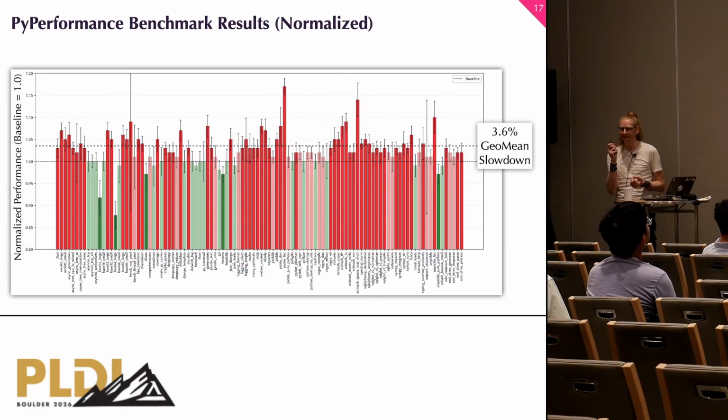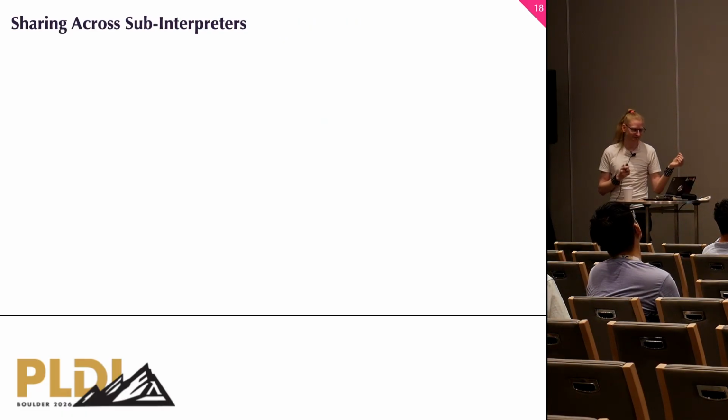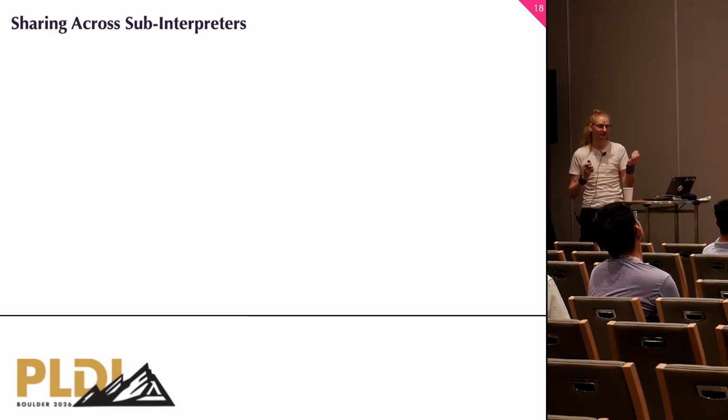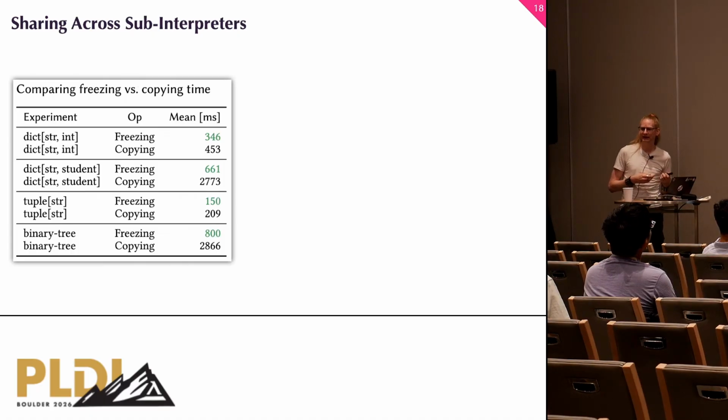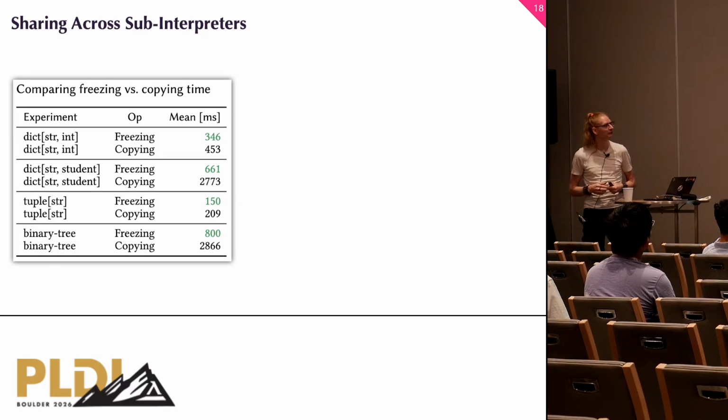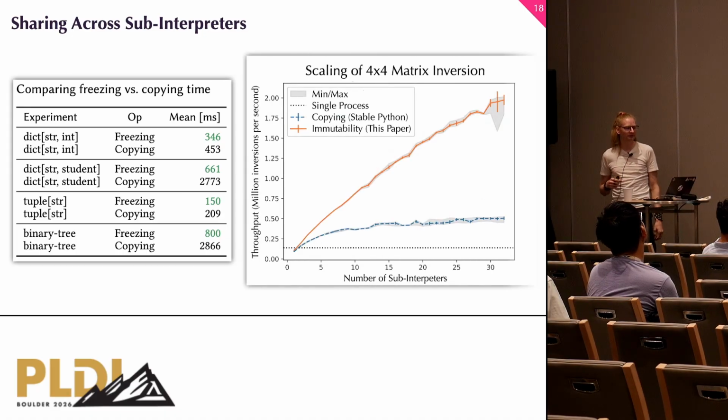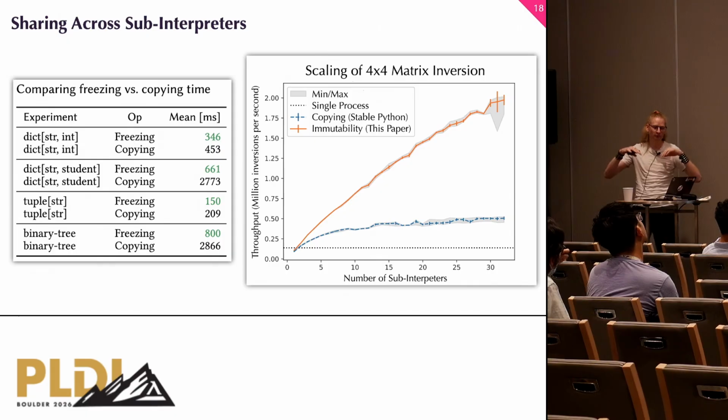But let's talk about why we've actually been doing this, right? And this is to share objects across subinterpreters. First, we've benchmarked how long it takes to freeze an object as opposed to copying it once, right? And as you can see, freezing is in all cases faster. In some cases, that includes custom classes like the student, it's actually significant, larger by a big portion. And this is also visible if we distribute work across subinterpreters.